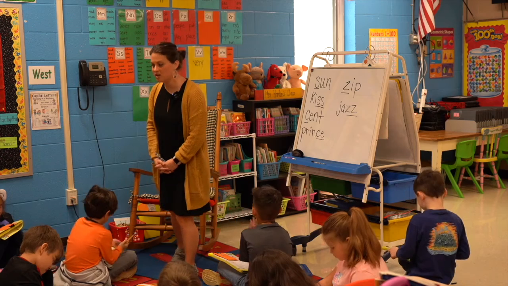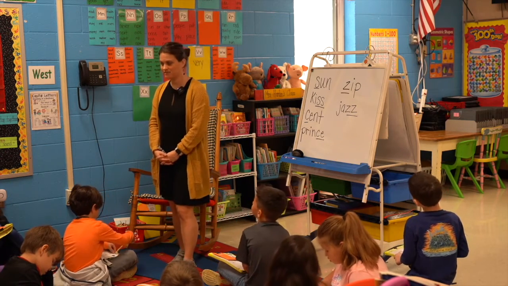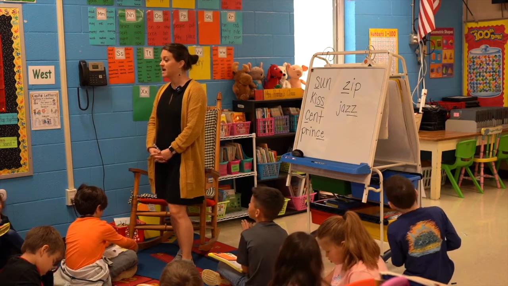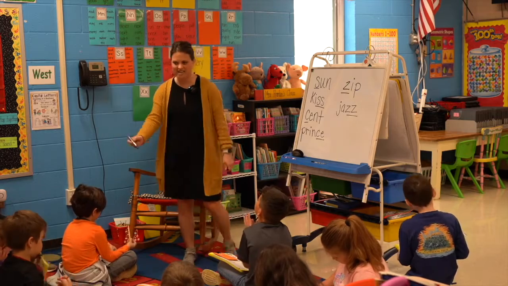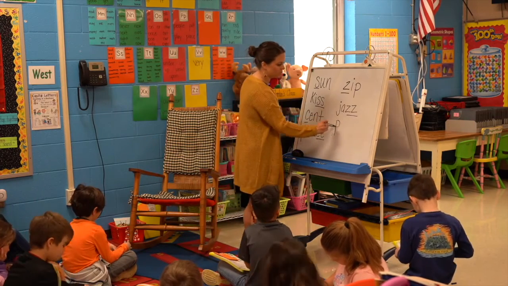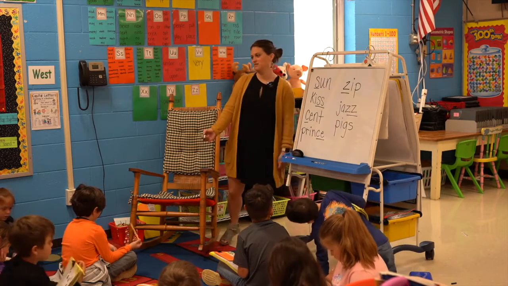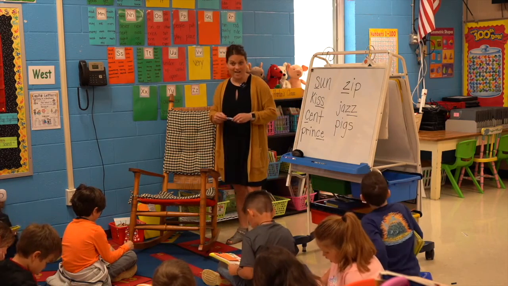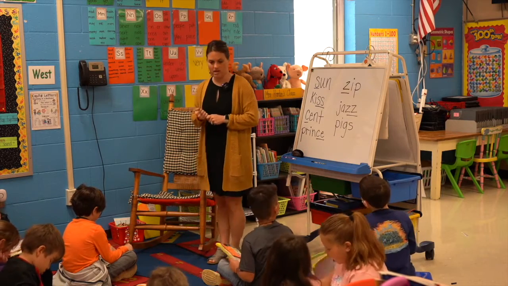What do you hear? Pigs. Do I say pigs? No. I say pigs. But guess what? When we spell the word pigs, we do not spell pigs with a Z. The S is being tricky. It makes a Z sound, okay?